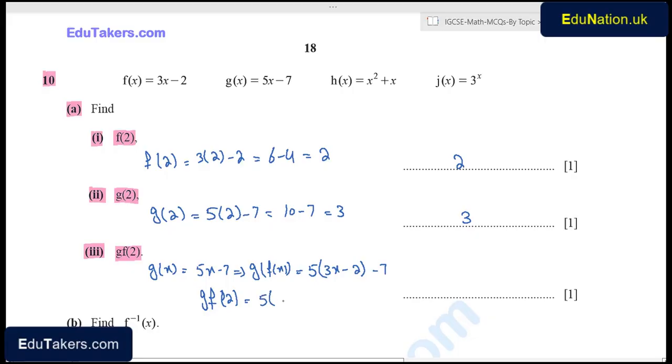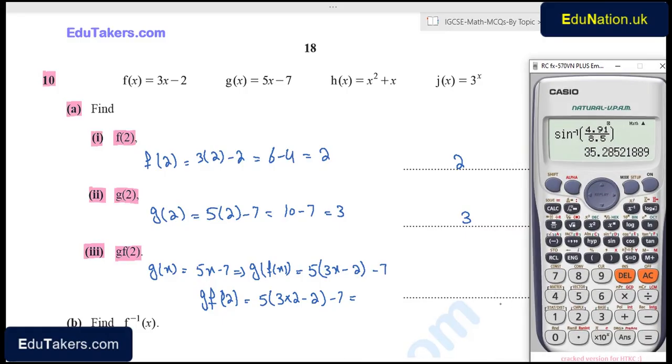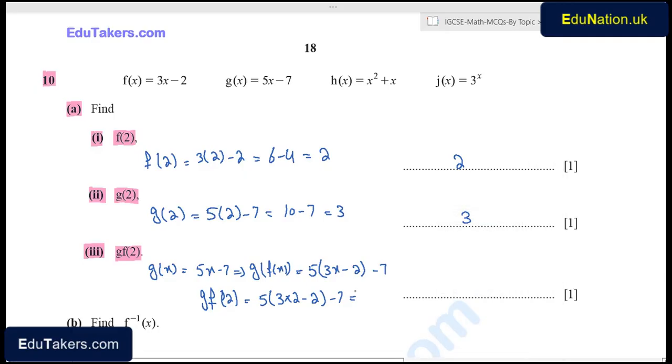So 5 into this will be 3 times 2 minus 2, minus 7. 5 into 3 times 2 minus 2 minus 7 is 13.